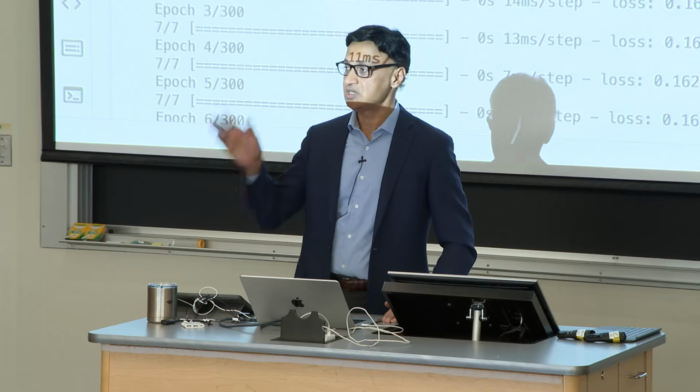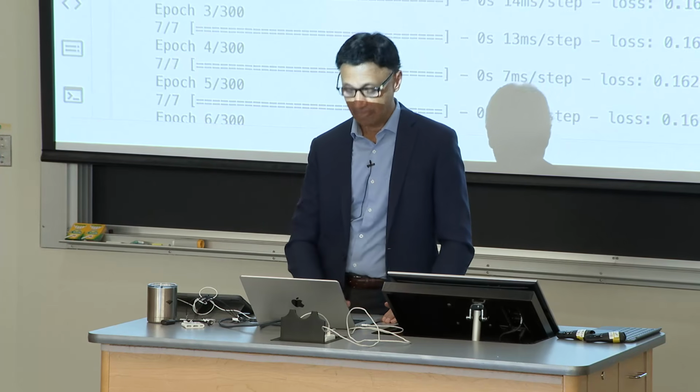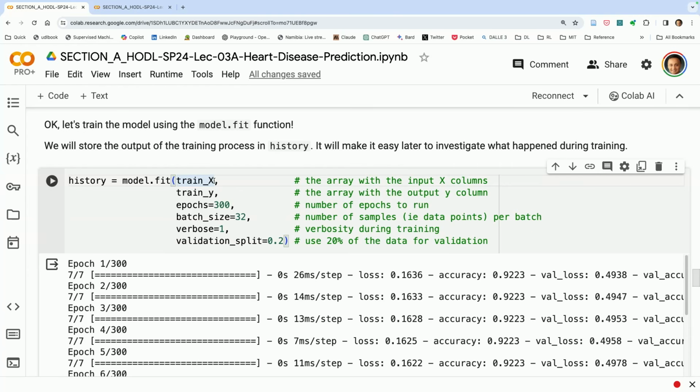Model.fit is what actually trains the neural network, okay? And you have to tell it what the X tensor is. You have to tell it what the dependent variable Y tensor is. We need to tell it how many epochs to do, what batch size to use. Verbose equals 1 just means put a lot of descriptive output as you do this.